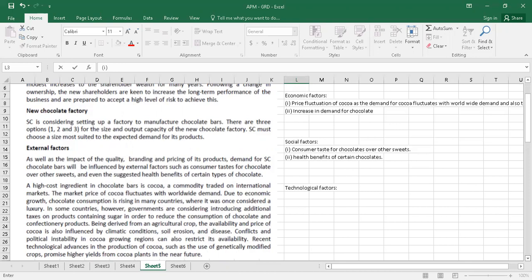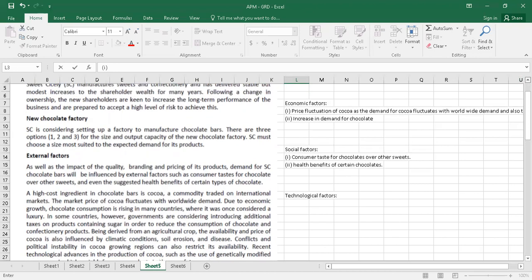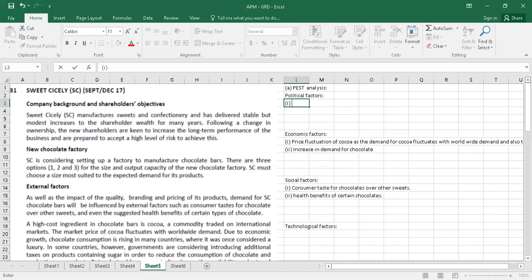Consistently every year they keep increasing the taxes on those, but we don't see so much of an impact on those products. Even if the tax is increased, the decision taken by the government is to increase taxes so that the consumption of chocolate products can decrease. So it is a political factor, increase in taxes.